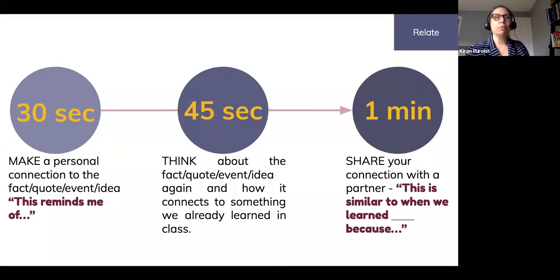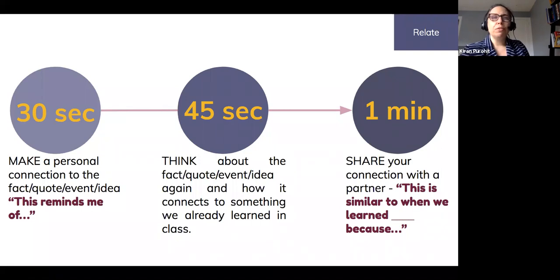So here's how this micro routine goes. I'm going to put up the overall flow here, and then we're going to dig into the routine step by step. First, we're going to spend 30 seconds looking at a graph and make a personal connection to the information that's in there. So you're just going to think for a minute.